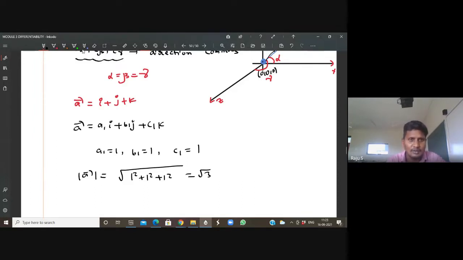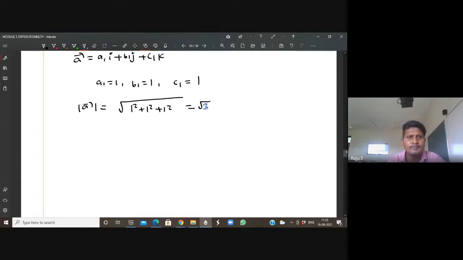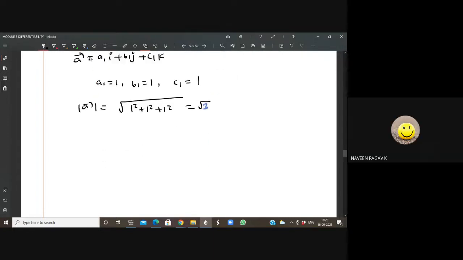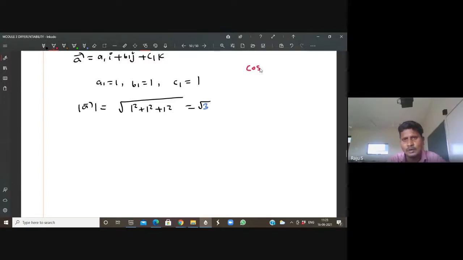Cos alpha is equal to what, students? What is cos alpha? a1 by magnitude of A, that is 1 by root 3. First you have to write cos alpha as a1 by magnitude of A. a1 is 1, so 1 by root 3.